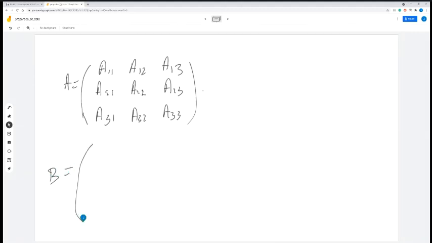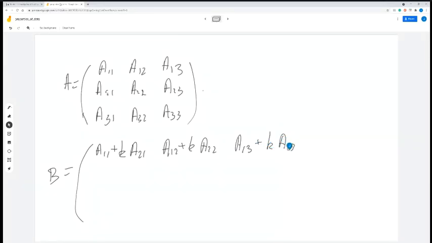So the first entry in the first row is A11 plus K times A21. The second entry is A12 plus K, the same number K, of course, times A22. And the last entry of the top row is A13 plus K times A23.